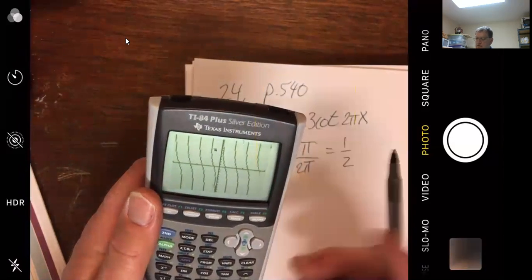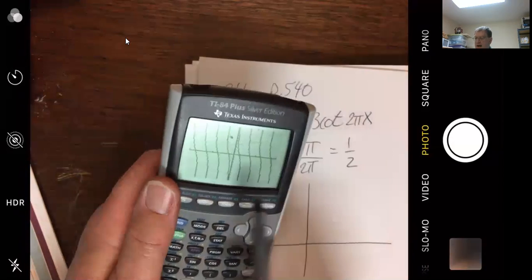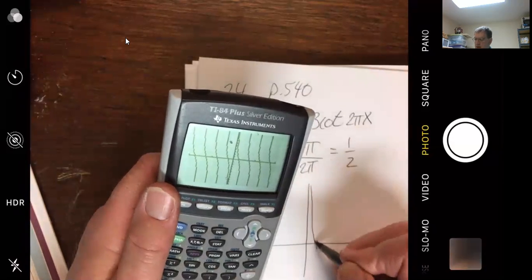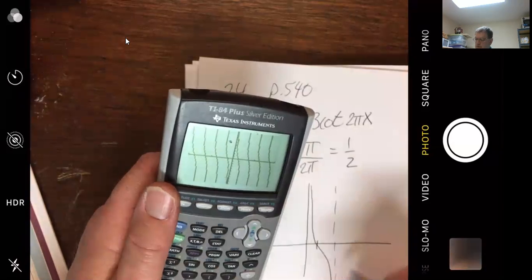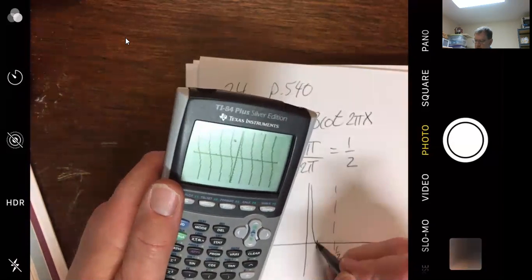All right, so you sort of start with the center one, and you can see it approaches the y-axis, comes through here, and goes down, and this would be a 1/2, because that's 1 period of it. So that x-intercept would be at 1/4.